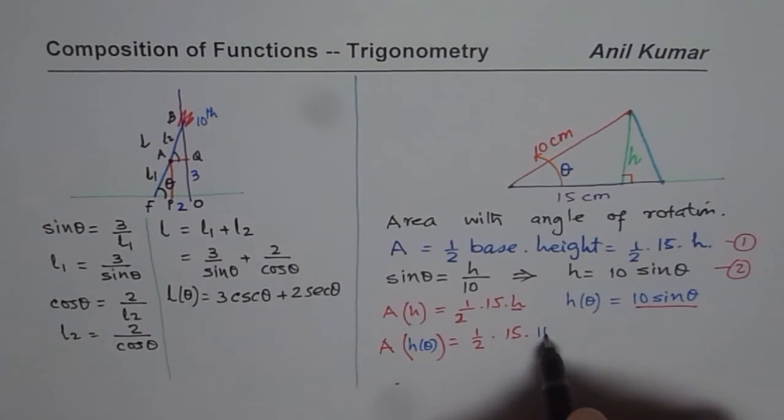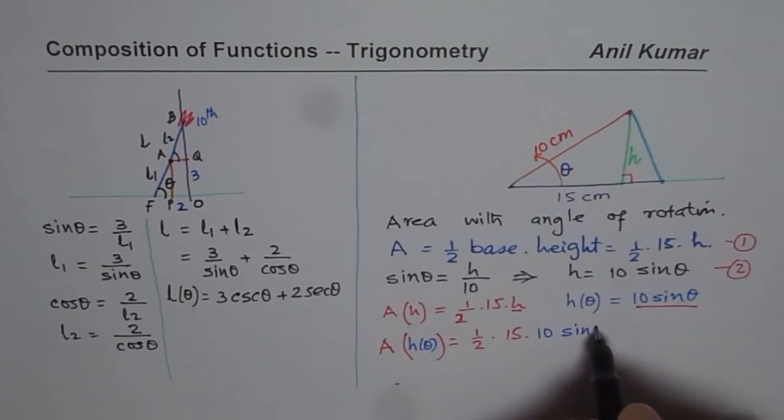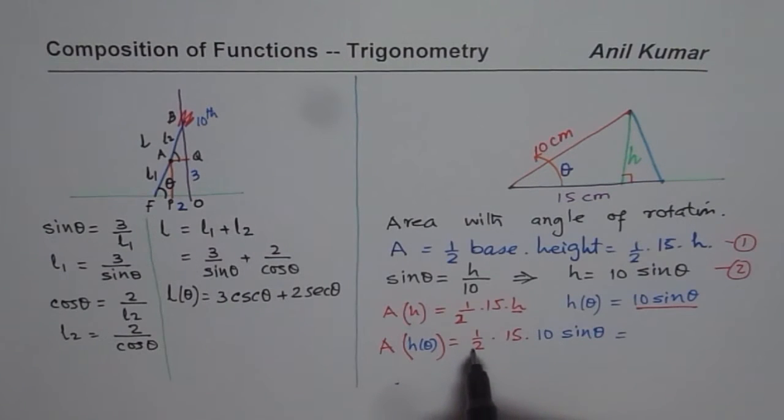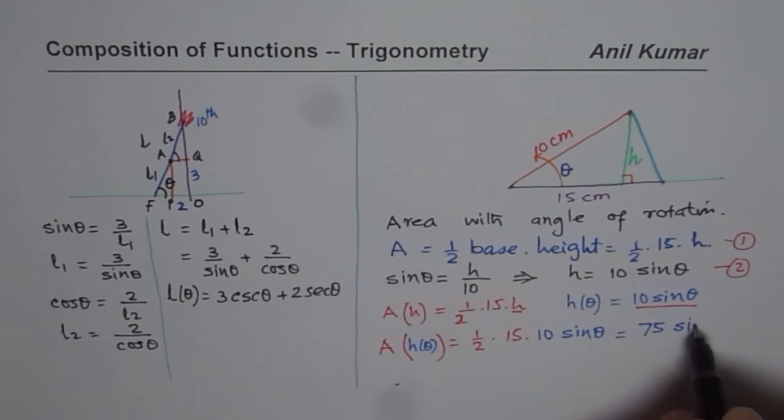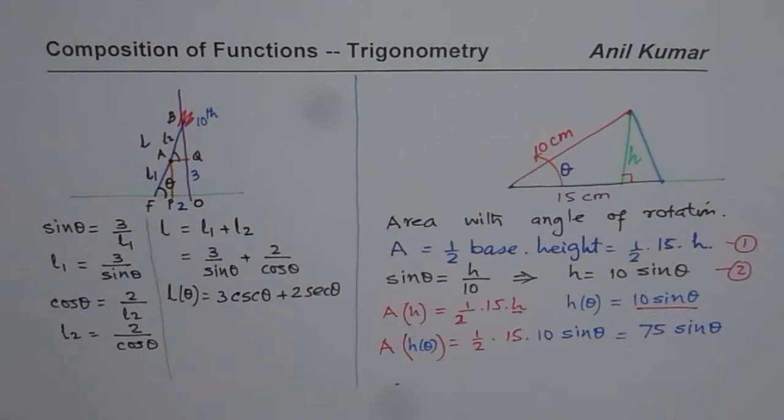And combining, we can really simplify this. So 2, when you divide into 10, you get 5. 5 times 15 is 75. So we get 75 sine theta. So we get such a simple relation which relates the area in terms of theta. That is the composition of functions which we are talking about.